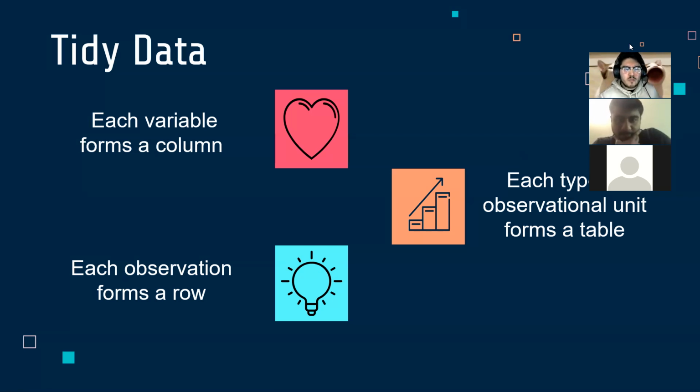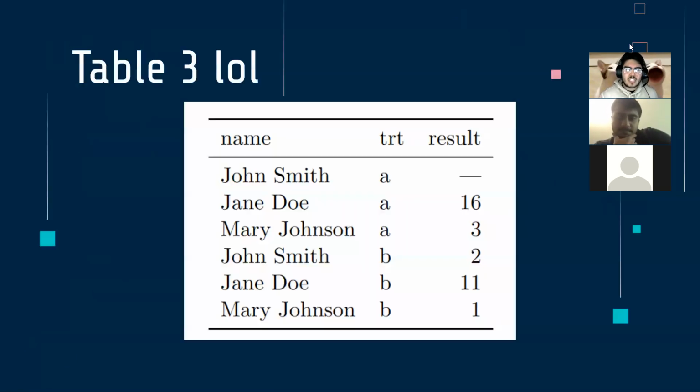As you can see, I'm observing that John Smith took treatment A and had no result. And over here, I'm observing that Jane Doe took treatment B and had 11 as a result, right? These are all the values that we can observe.